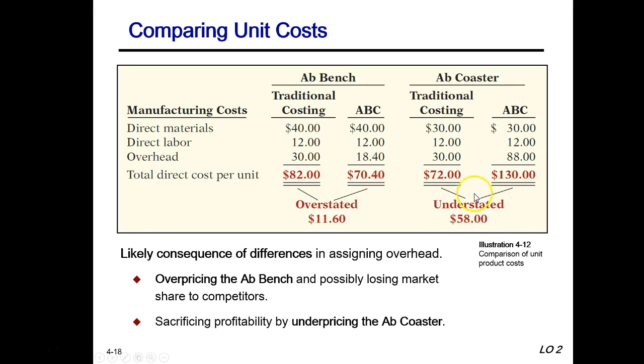Under traditional costing, we were only saying each item was $72. When we were using the activity-based costing to become much more thorough and specific, our true cost on this Ab Coaster is really $130 per unit. So probably we were really underpricing the sales price of the Ab Coaster and possibly overpricing the Ab Bench.